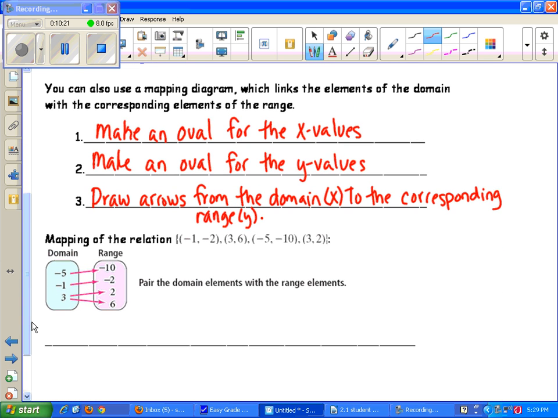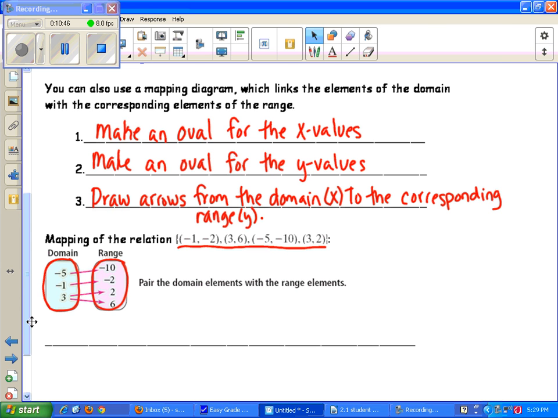So for example, mapping of the relation. Here we have our relation of ordered pairs. And so we made an oval for the x values here, and an oval for the y values, our range, here. Notice that the numbers are written in order from least to greatest. And if you look, you'll notice that we have the ordered pair -1, -2.